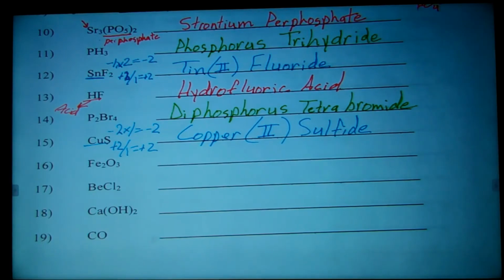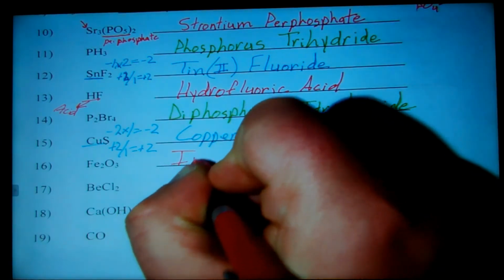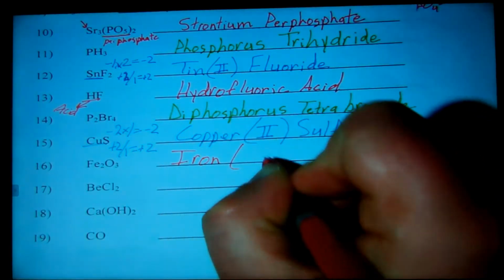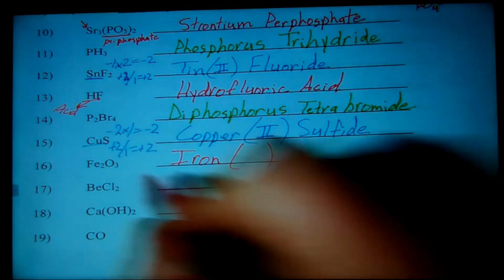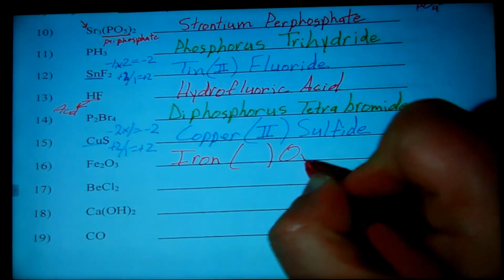We notice that iron is a transition metal, from the left of the staircase, bonded with oxygen from the right of the staircase, a non-metal, which means ionic bond. But the cation is a d-block element, so you have to use the Stock system. So we're going to use iron, parentheses, there has to be some charge here, O, so oxide.